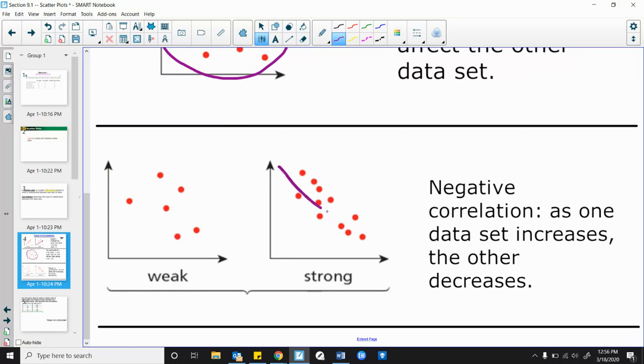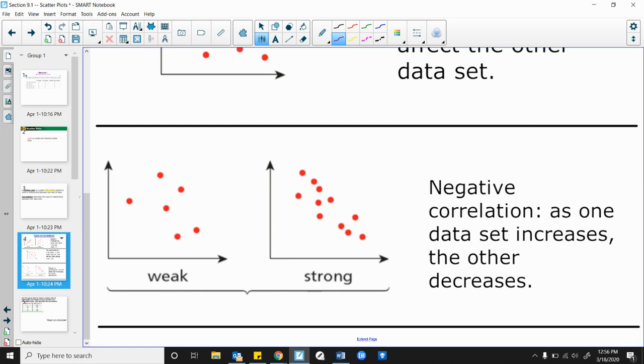They're pointing down, and that's where you get the negative from. On the weak one, the points are more spread out. On a strong one, they're all nice and compact right there. That makes it strong. It's very obvious that it's a negative correlation there.